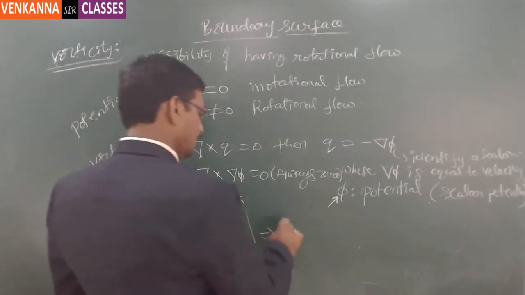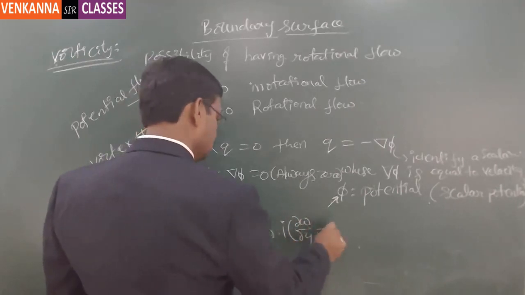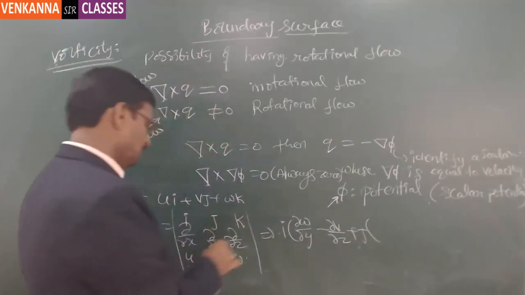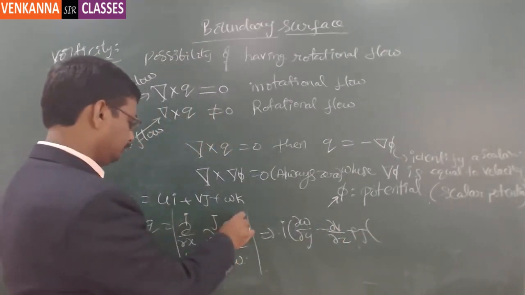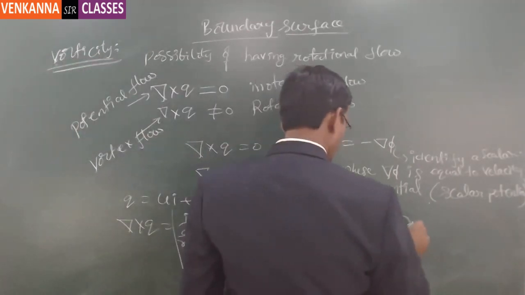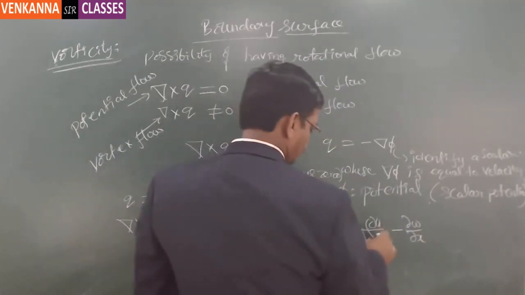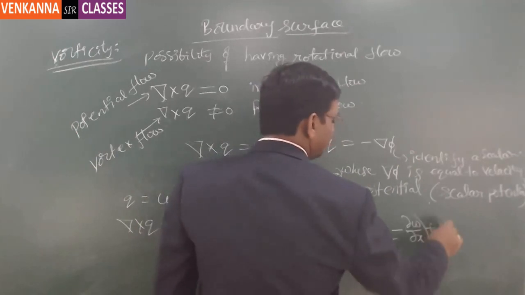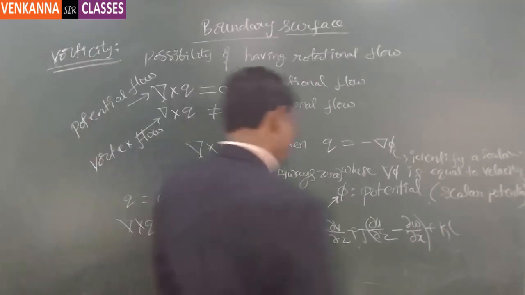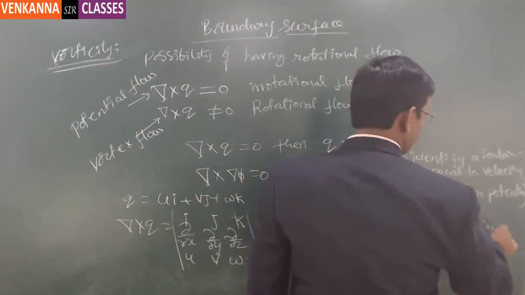It will be i into (dou w by dou y minus dou v by dou z) plus j into (dou w by dou x minus dou u by dou z) plus k into (dou v by dou x minus dou u by dou y).